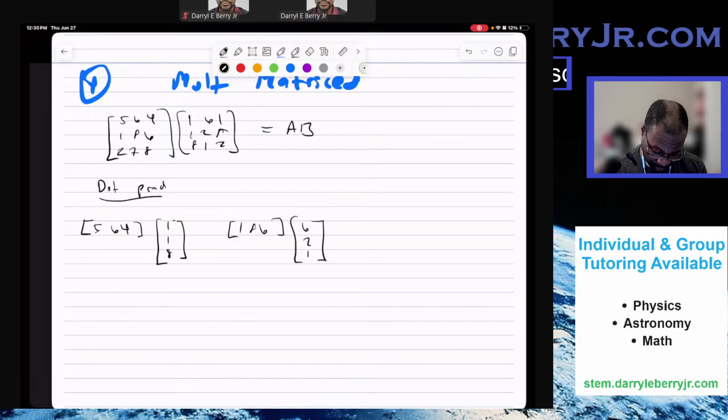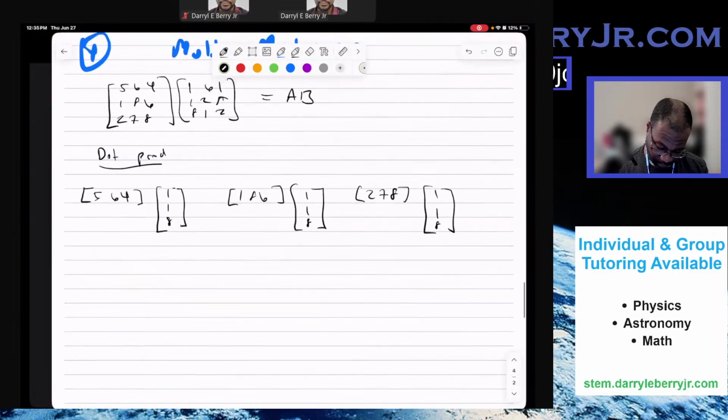But this will be the same. And then I go 2, 7, 8, 1, 1, 8. I'm trying to do this a slightly different way.